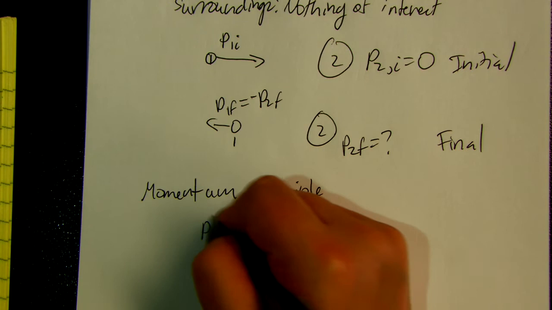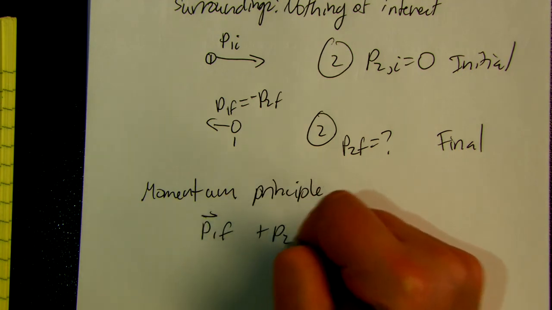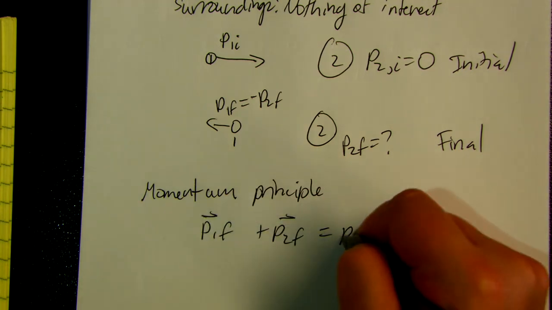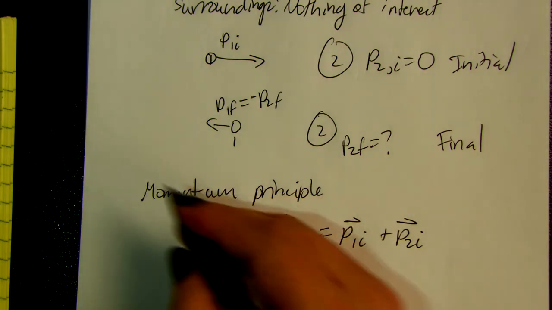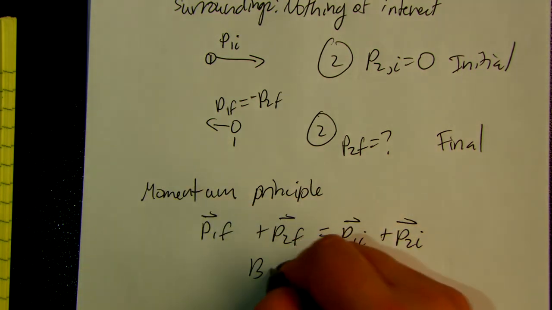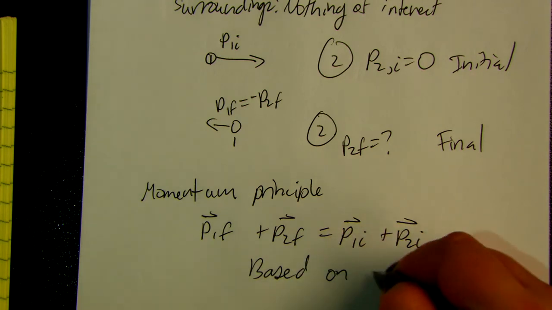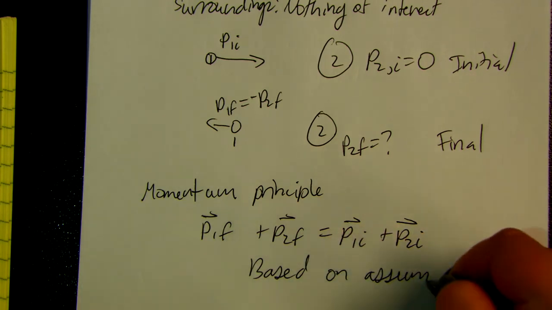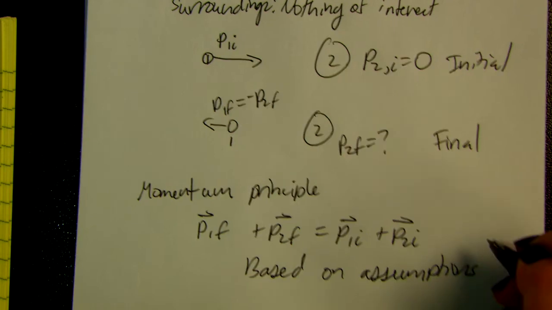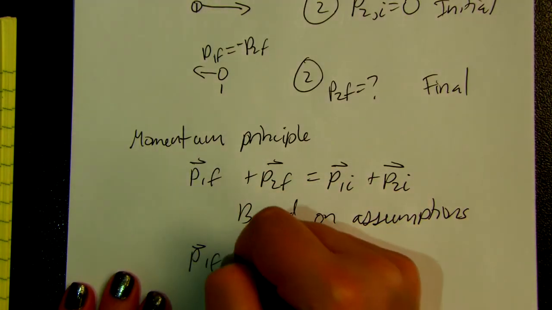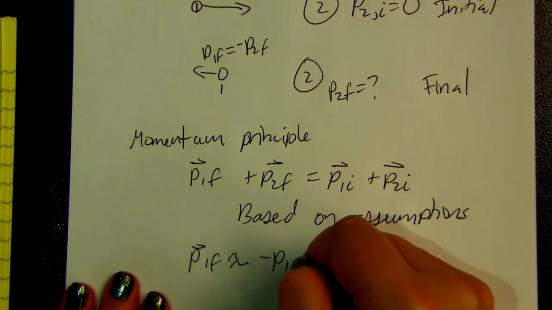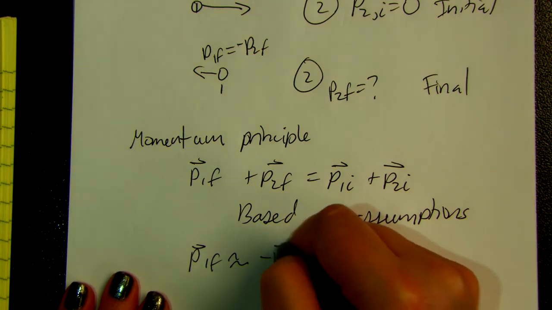So P1 final plus P2 final is equal to P1 initial plus P2 initial. And based on our assumptions, P1 final is approximately minus P1 initial.